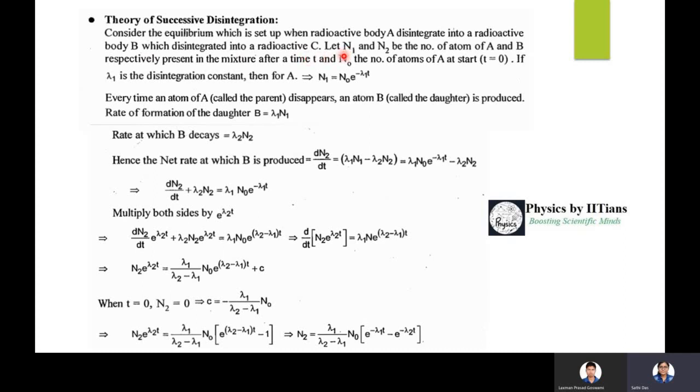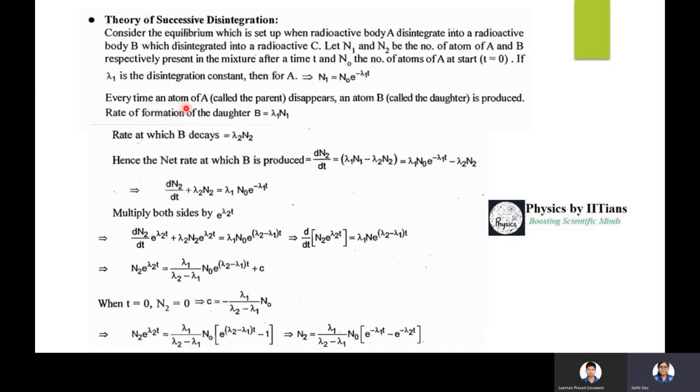Let us take N1 as the number of atoms of A, N2 as the number of atoms of B present in the mixture after a time t, and N0 as the number of atoms of A at the starting point, when there was no B and no C, that is at t equals 0. If lambda 1 is the disintegration constant for A, then N1 equals N0 e to the power minus lambda 1 t.